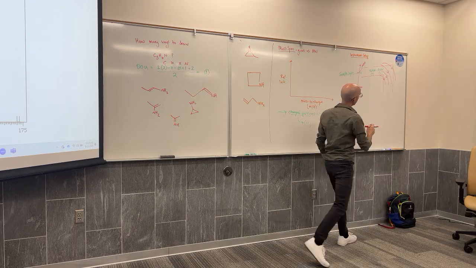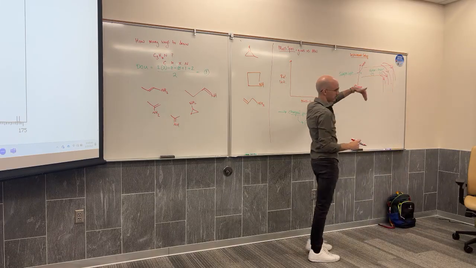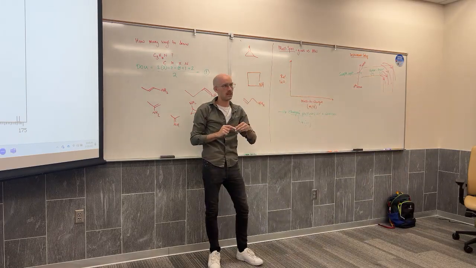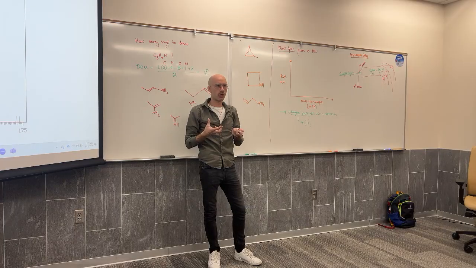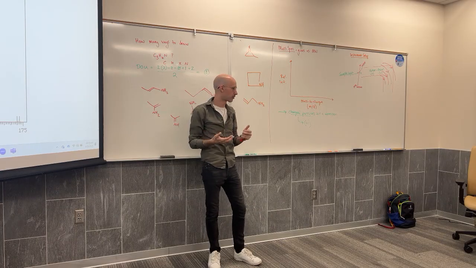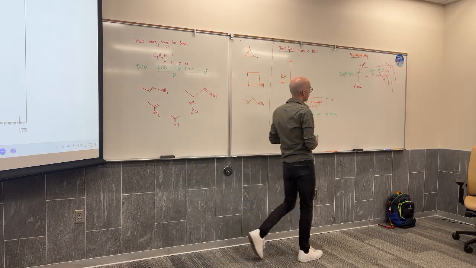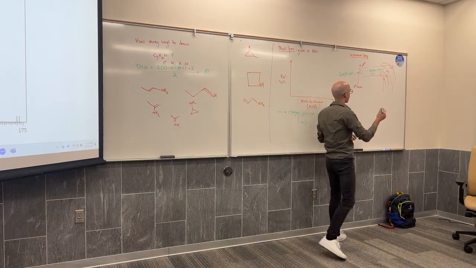My arrows are doing a very bad job of showing that this magnetic field is pointing along this turn. The magnetic field is only going to interact with charged particles. It has no interaction with electrons. Or excuse me, it has no interaction with unpaired electrons.